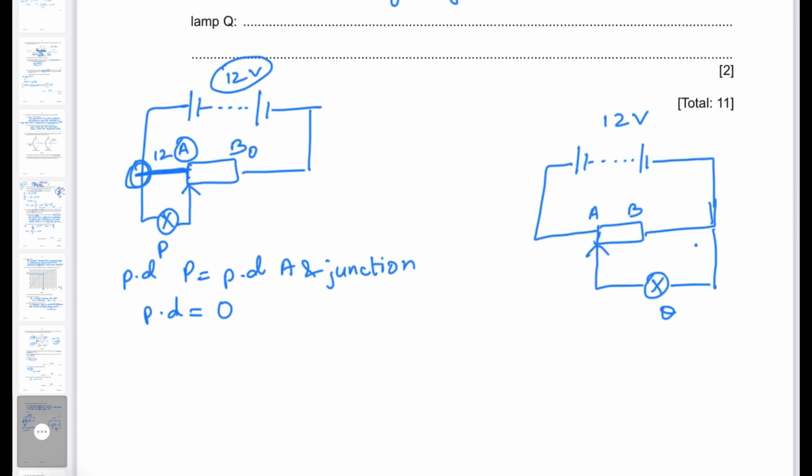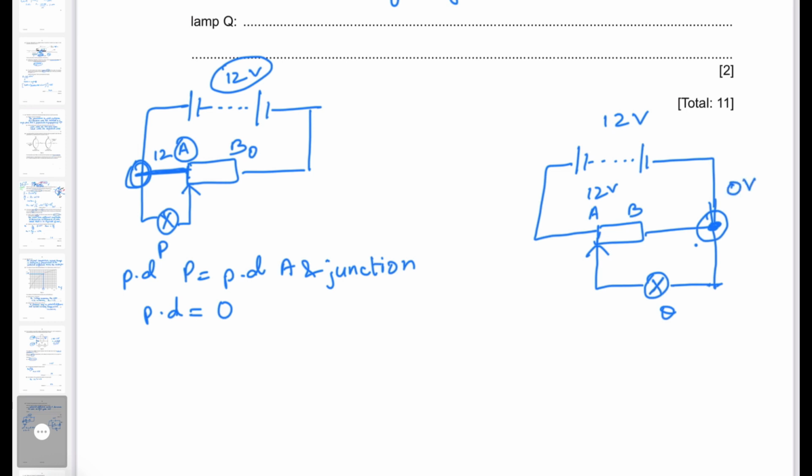In this diagram, we'll look at lamp Q when the slider is placed at A. So as I mentioned earlier, the potential at A would be 12 volts, and this would be used up across the potentiometer, which means the potential on the right hand side junction of the circuit would be 0 volt.